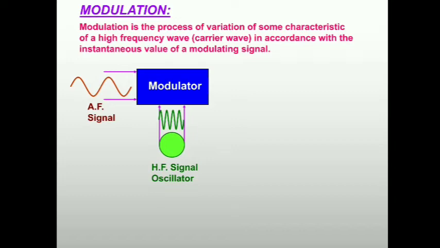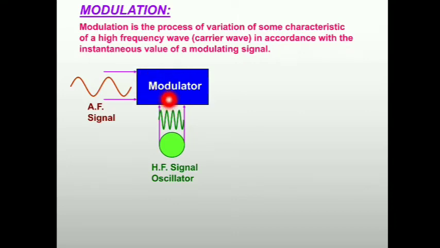At the same time there is a high frequency oscillator, a radio frequency oscillator, to produce a signal containing high frequency. This high frequency signal is fed into the modulator. So both the audio frequency signal and high frequency signal are combined and go to the modulation process.